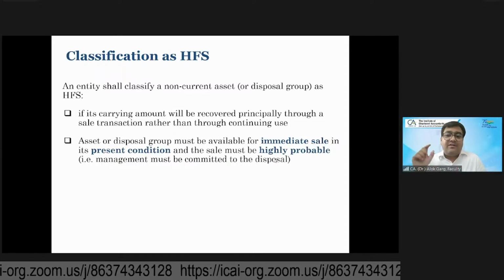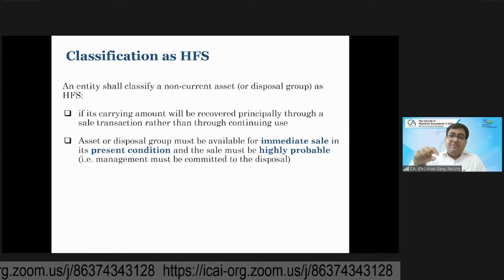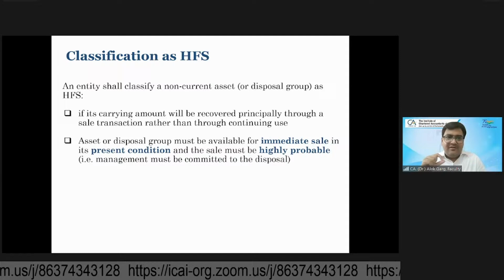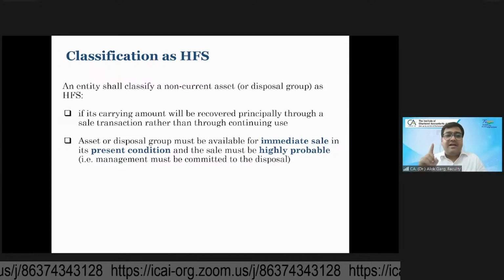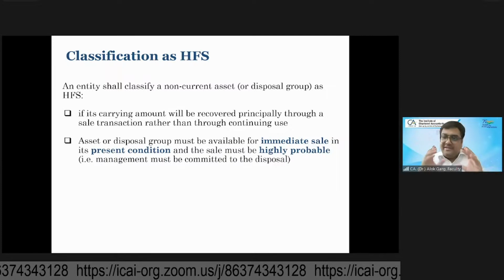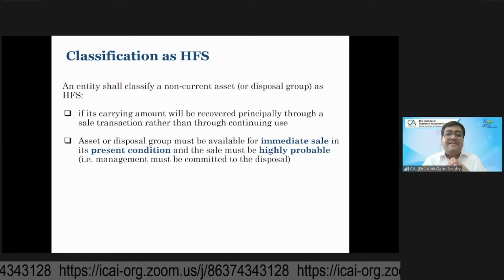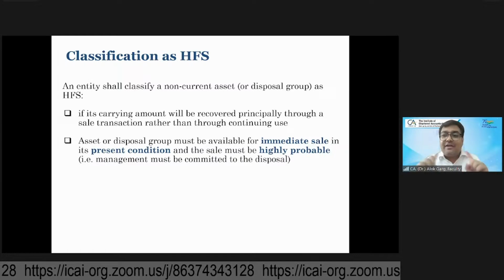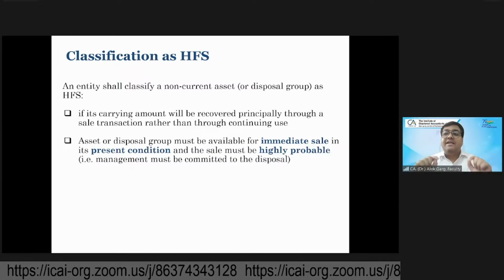You're right. For question number 1, the answer is yes. For question number 2, the answer is no. Yes, the third floor is available for sale, but the third floor is not available for immediate sale in present condition.